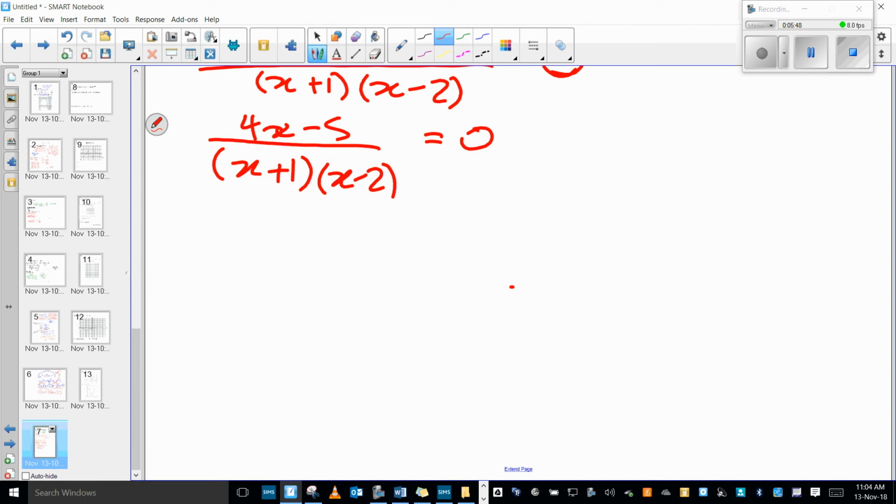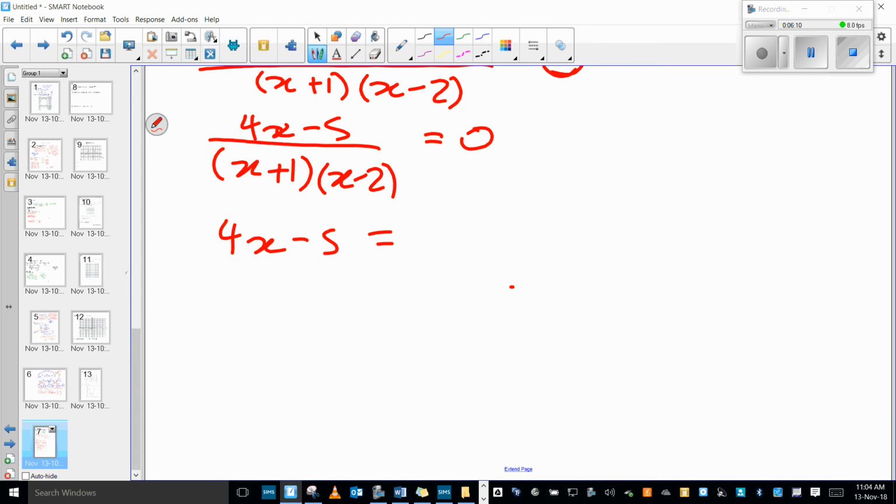How'd you solve it? So you have 4x minus 5, and this is all about rearranging. Since you're dividing by (x plus 1)(x minus 2), you bring that over and multiply it by this. But anything multiplied by 0 is 0.